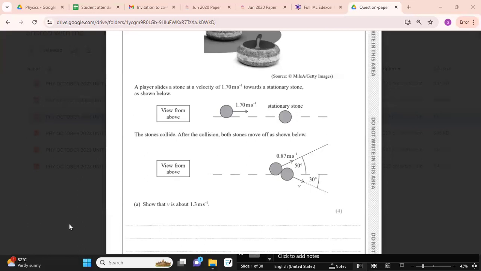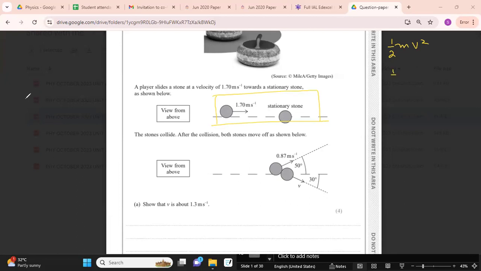I'm still not completely sure of what I did. Okay. What you have to do is calculate the kinetic energy using the formula. The kinetic energy before the collision is half mv squared.